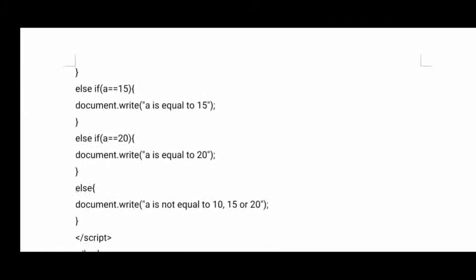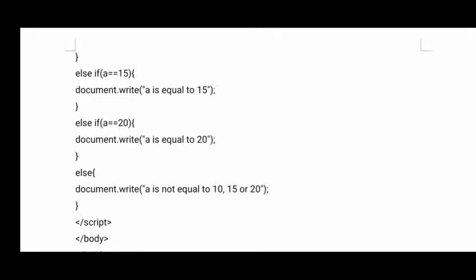But a is not equal to 15 either. Then we check for a equals 20. If a equals 20, that block is executed. If it is not, then a is not equal to 10, 15 or 20, and that message is printed.